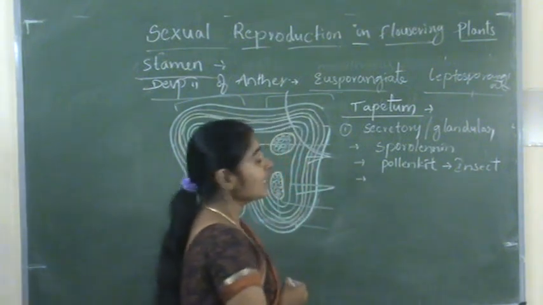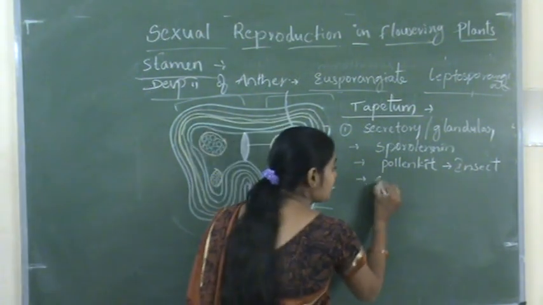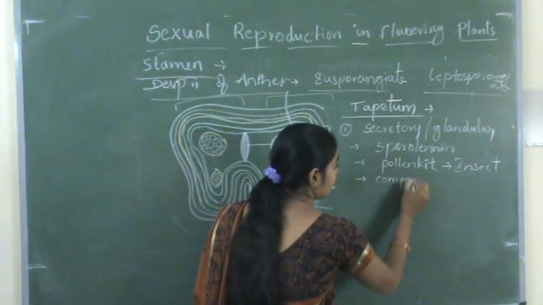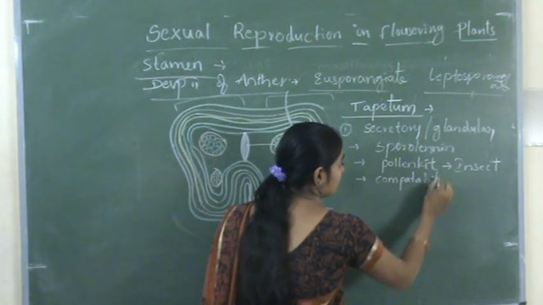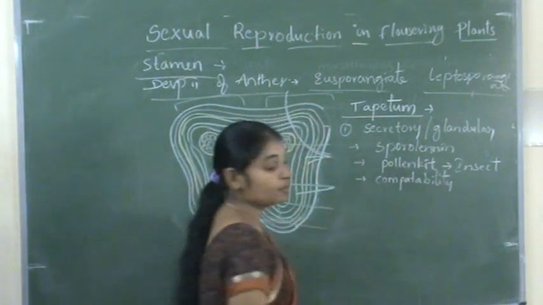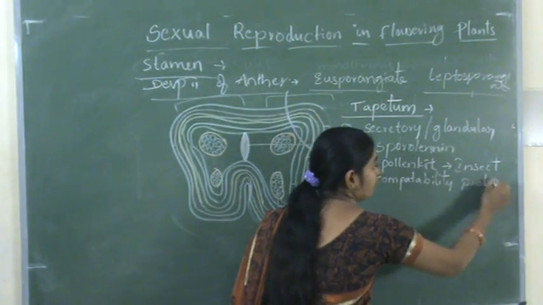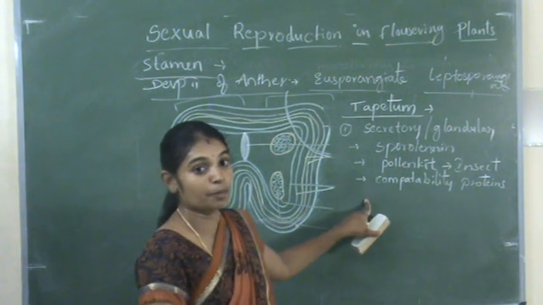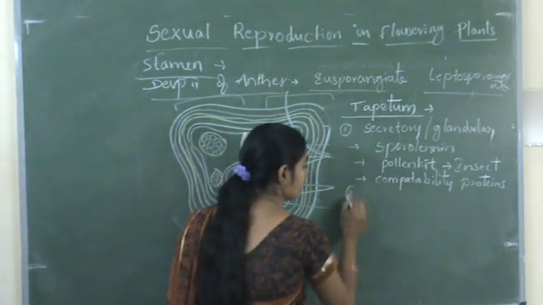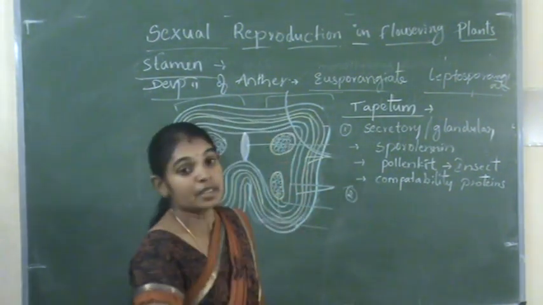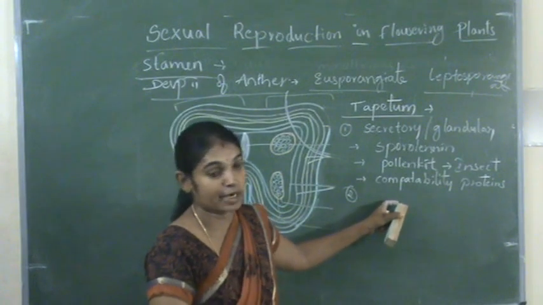These cells also secrete compatibility proteins, which help in the development of pollen grains.